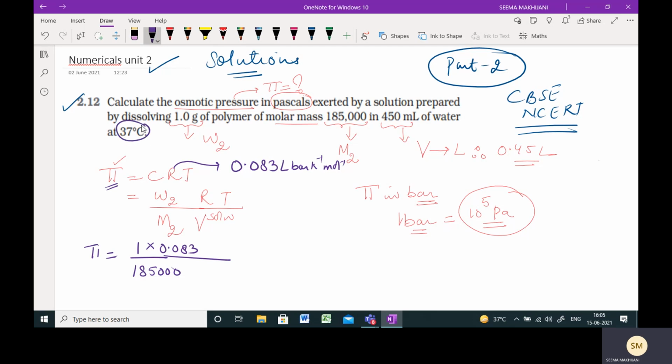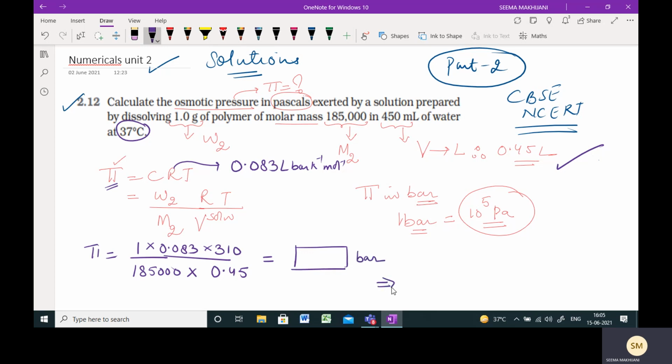Do we ever use 37 degrees C? We need to use it in Kelvin. So the temperature is to be written as 310. Volume of the solution will be this value, 0.45 liters, and you will solve it. Once you solve it, whatever is your answer, this answer will be in bar.